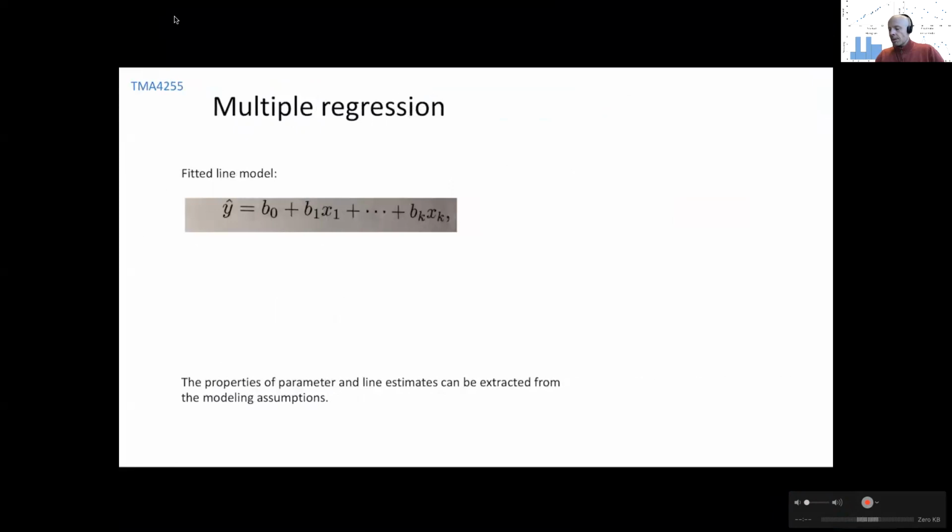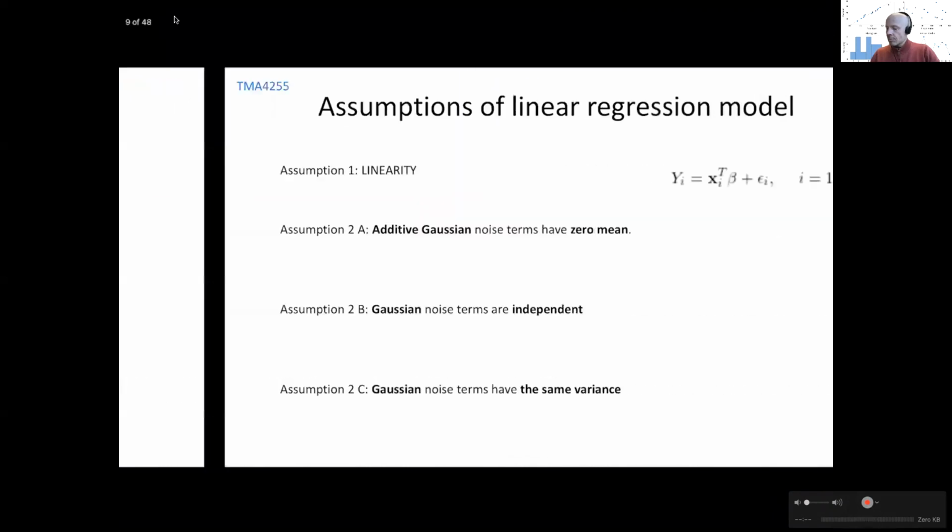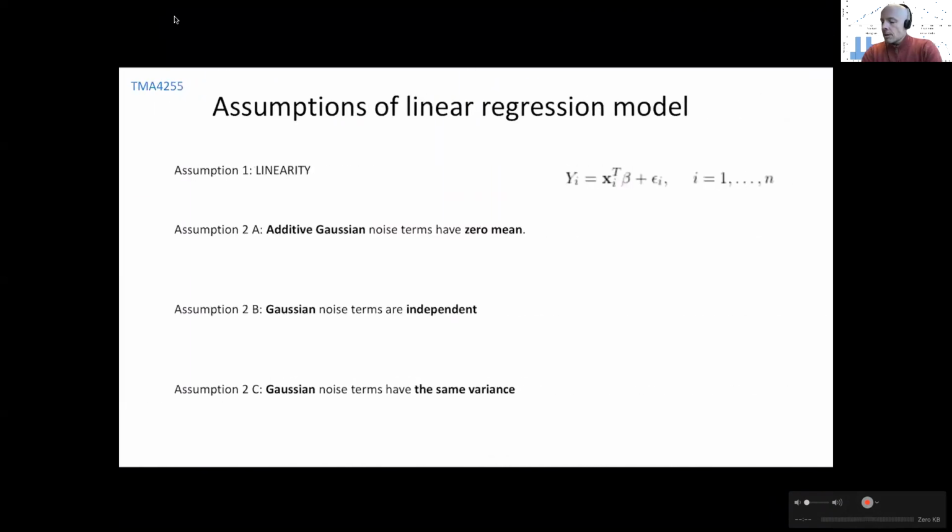And what did we assume in our model? We had this error term, and the error term was supposed to be Gaussian distributed. So this is what we mean when we say modeling assumptions. First of all, we assume that this error term is zero mean, independent, and that they all have the same variance.